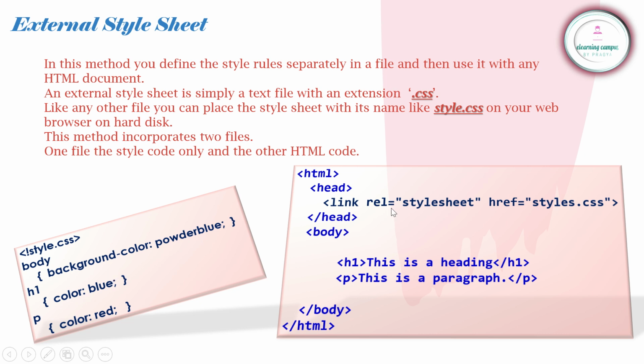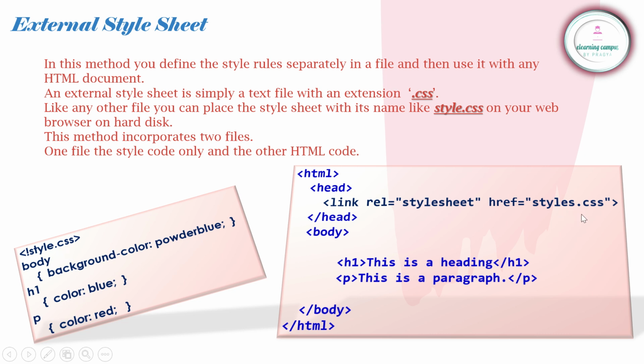Now how to link it? Inside the header tag only we will use the link element. So here I am using the link tag and the rel attribute, rel equals to double quotes stylesheet. Now href, what thing I want to link here? I want to link styles.css, the file that I have created over here.